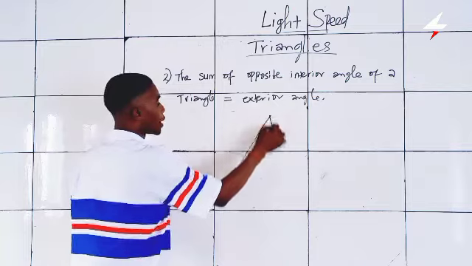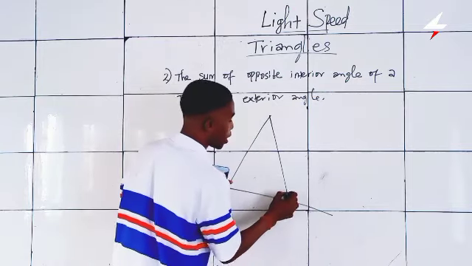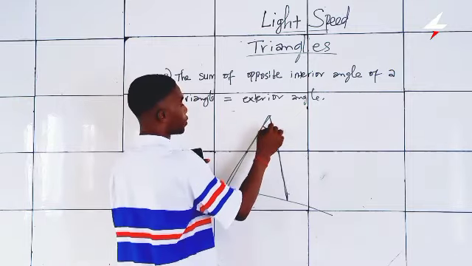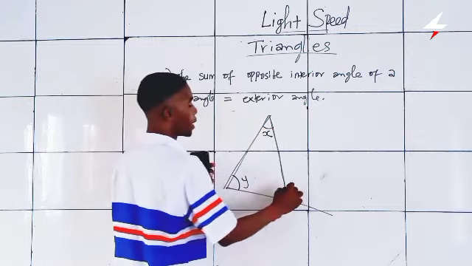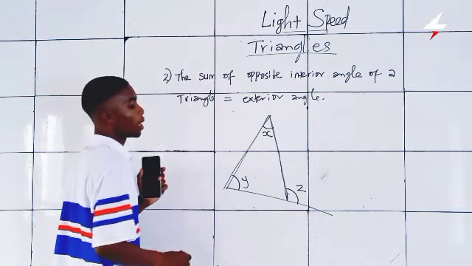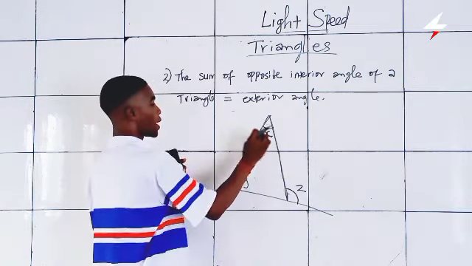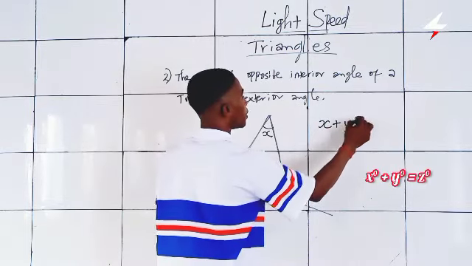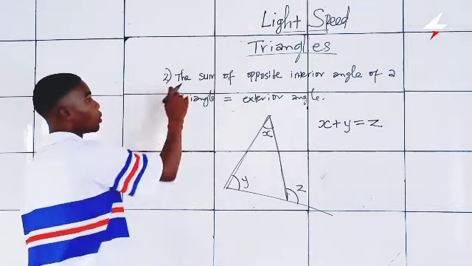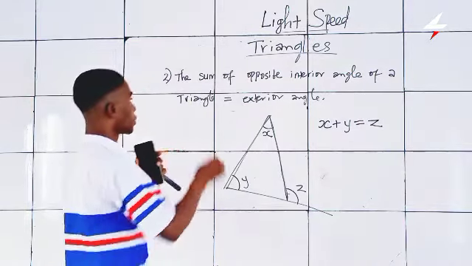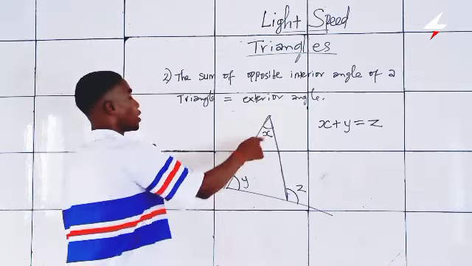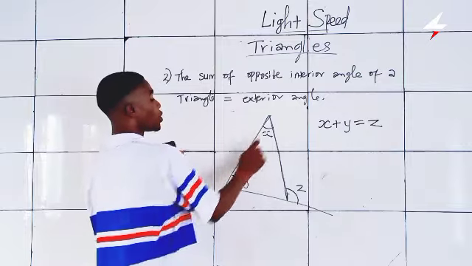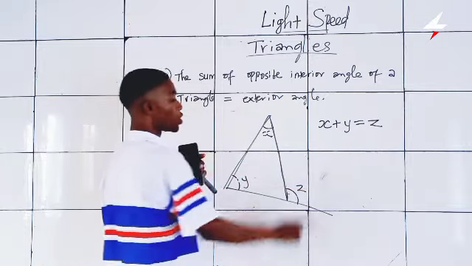It means if we have a triangle like this and we have an exterior angle like this, and this was x and this was y and this is z, it means y plus x would give us z. See that? X plus y will give us z because of this principle. So the sum of the opposite interior angles will give us the exterior angle.